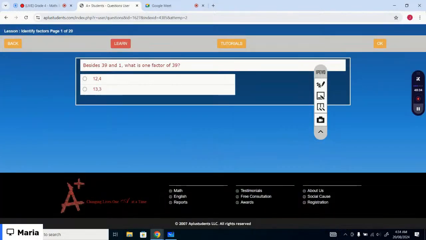Besides 39 and 1, which is one factor of 39? So you need to find a pair of numbers that when multiplied makes 39. So which is the correct option?